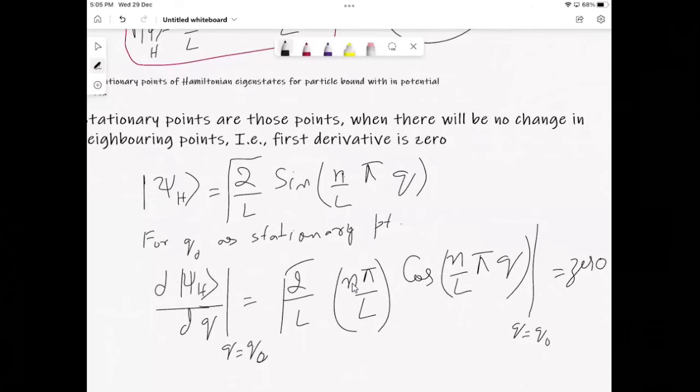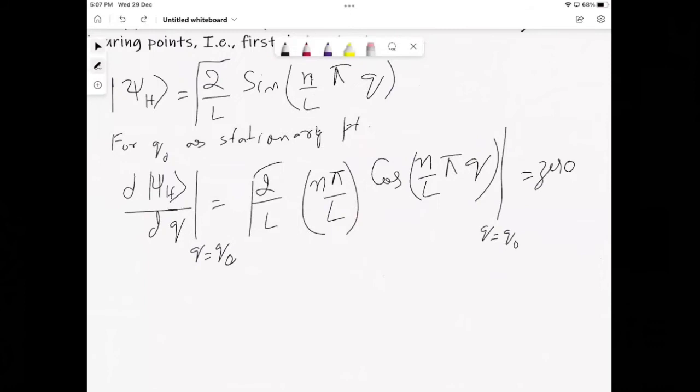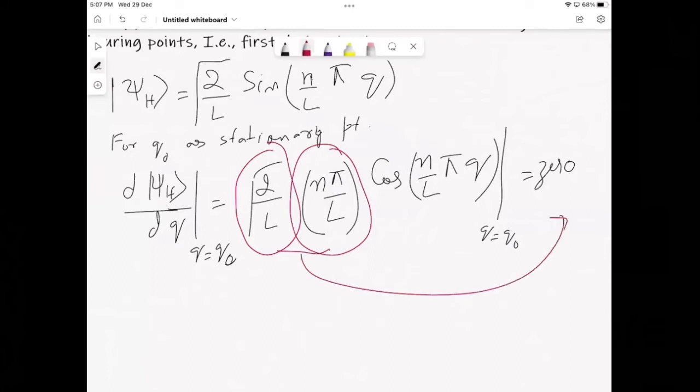When you put it equal to 0, this term is constant, this term is constant, only the variable term is visible. So when we multiply constant with constant, the result will be constant, and when it goes to this side, that becomes 0. So it means cos of n pi over L q naught will be equal to 0. Okay, that will be the stationary point.